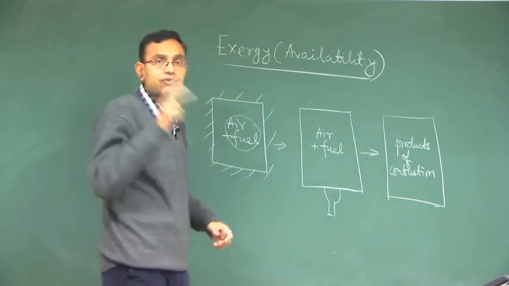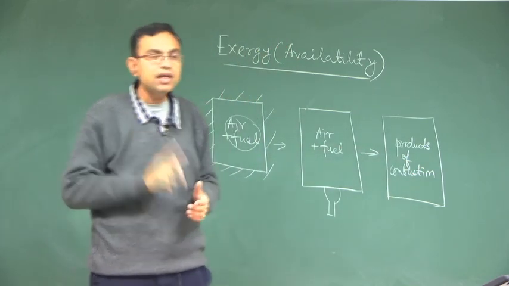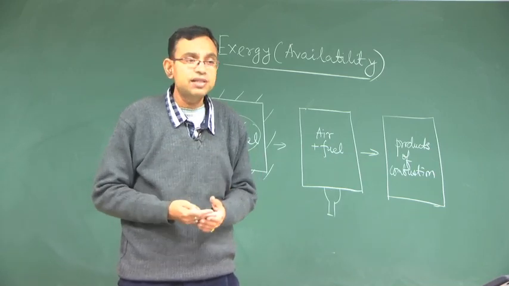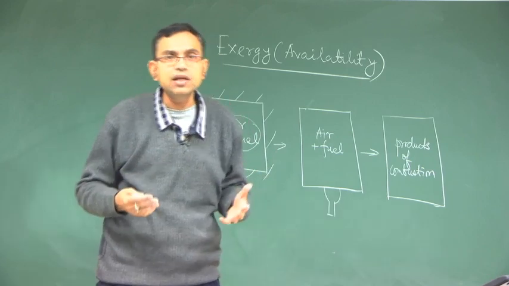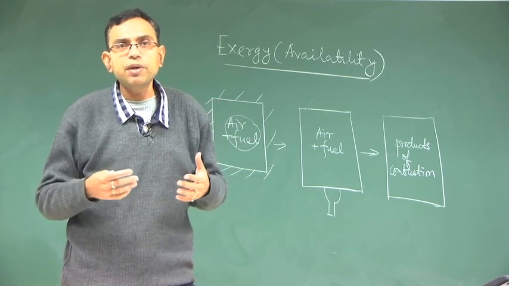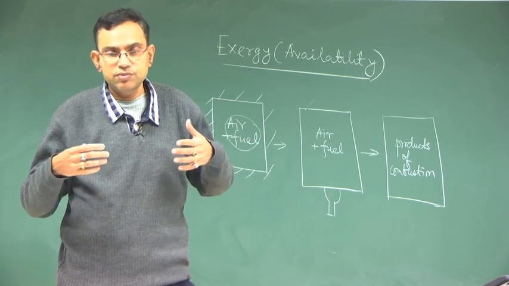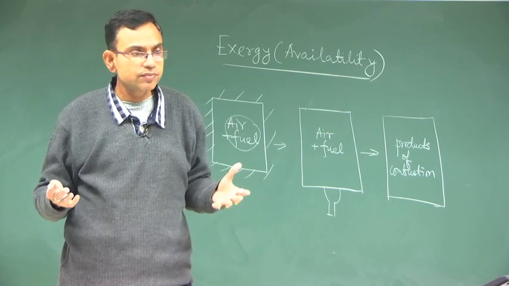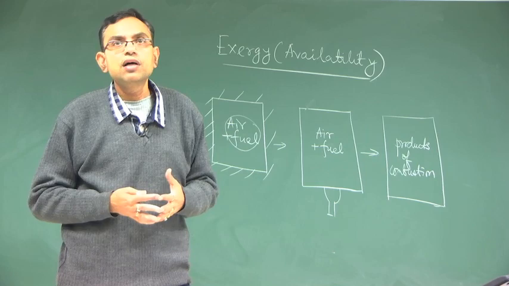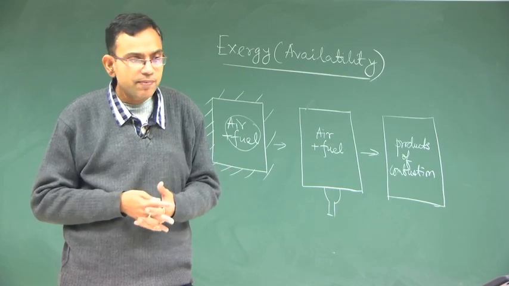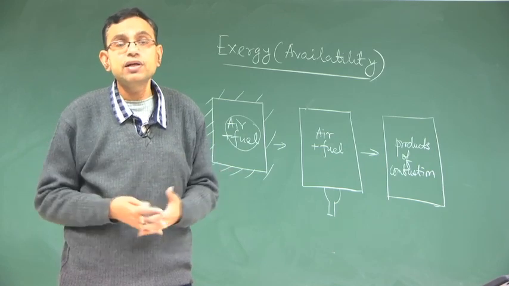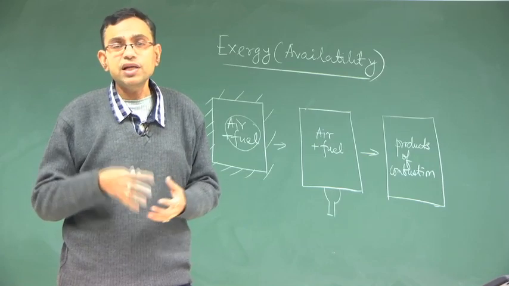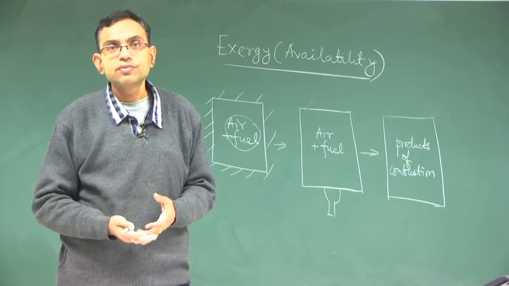So, we have two things, one is energy, another is the quality of energy. Energy can be explained in two perspectives. One is the quantity of energy, another is the quality of energy. Quality of energy gives the potential to do work.